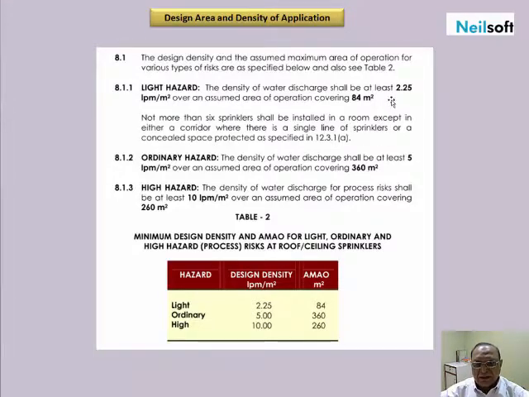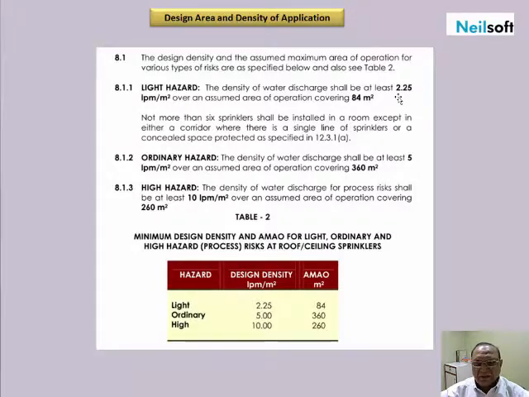Distinctly, we see the difference between the light hazard density and area coverage and the ordinary hazard density and area coverage. We see over here 2.25 liters per minute per meter square covering only the 84 meter square area. Similarly, 5 liters per minute per meter square covering the 360 meter square.